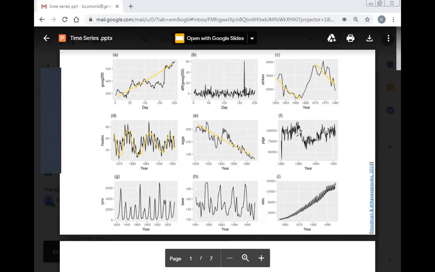Now when I'm looking at this data, this is just the number of pigs that were slaughtered, month-wise in each of these years.